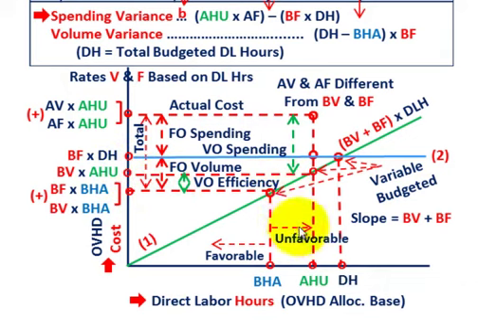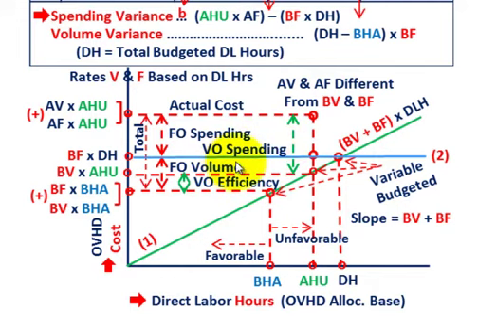And then our spending variance was always based on our actual hours used, looking at our green line, our blue line, and then our actual costing line. And then that was for our fixed spending variances.